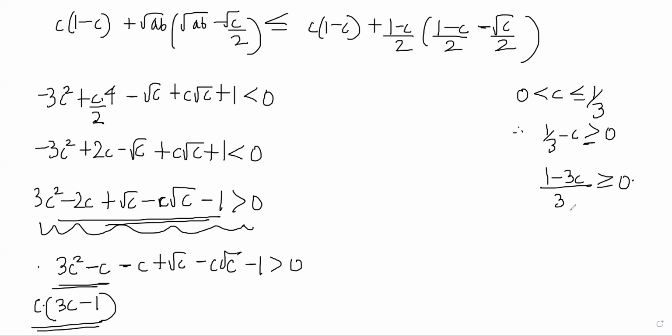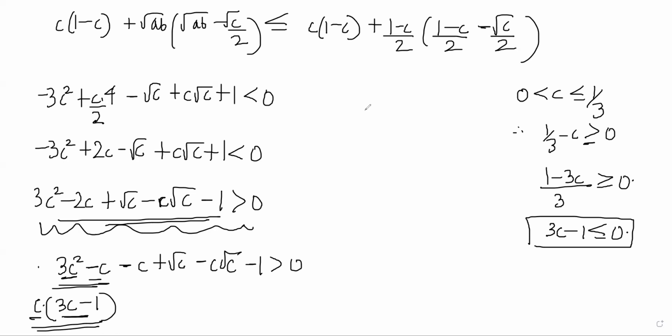So basically, I have 3c minus 1 is less than equal to 0, right? This is 3c minus 1. This is less than 0. Yeah, this is negative actually. Correct.